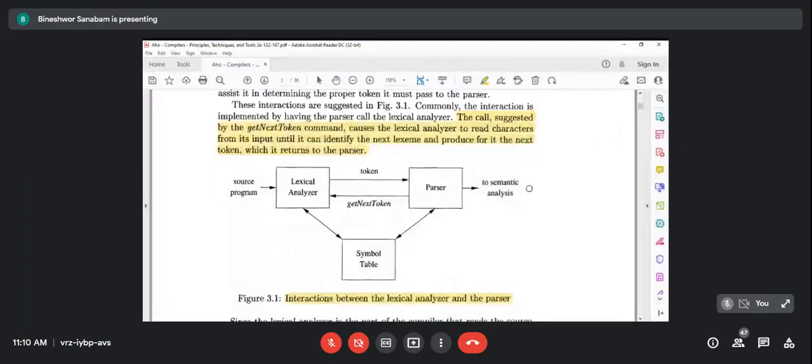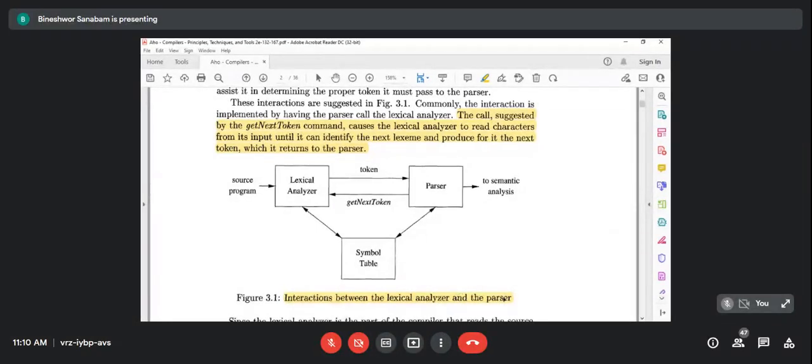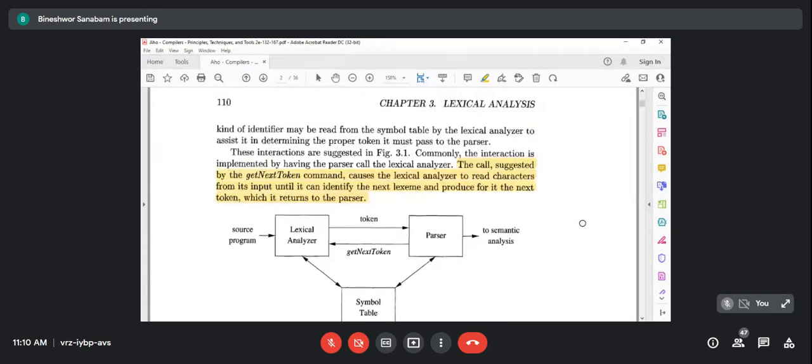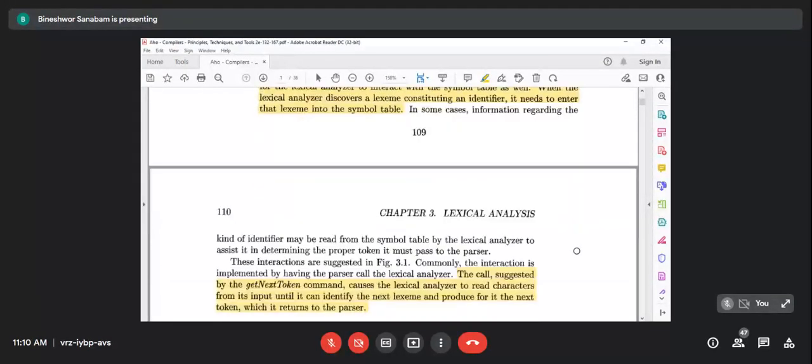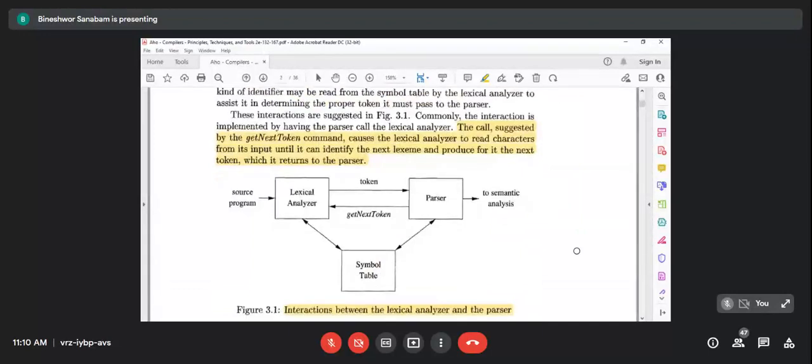So whenever you find a term like parser, it means the next phase, that is the syntax analyzer. Okay. So you may find the term parser anytime. It is nothing but the next phase, which we call syntax analysis or syntax analyzer. So you'll have your lexical analyzer, then you'll have your syntax analyzer or parser.